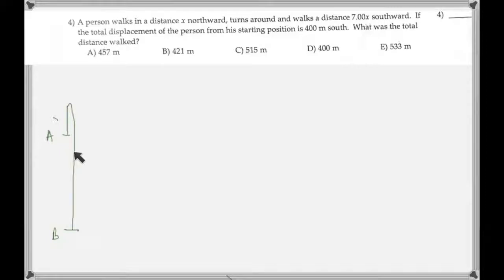So that much is given as 400 meters. Now, since that's x and this whole thing is 7x, from A to B should be 6x. That's the key. So 6x is equal to 400, which means you get the value of x.